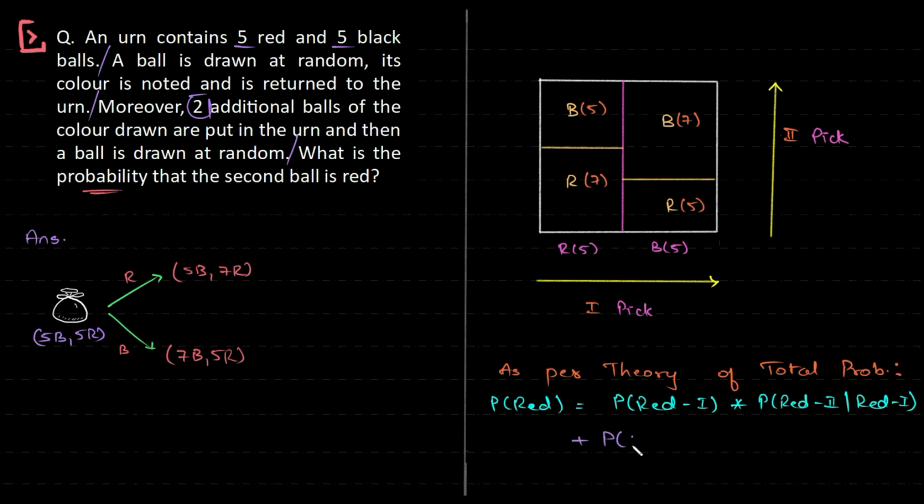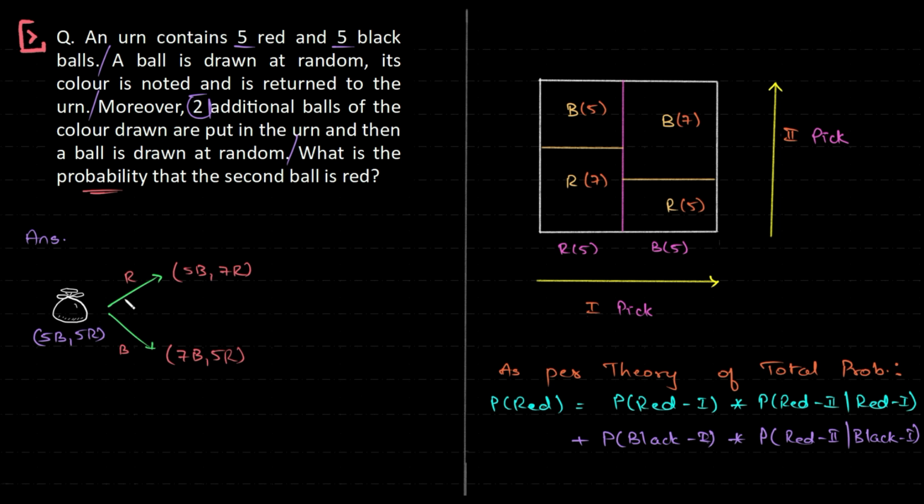And the other possibility is black in the first draw, my bad, black in the first draw and red in the second draw, given we have a black in the first draw. So this is the entire total probability being used over here. Please understand this screen, you're pretty much done. Everything after this is substitution.